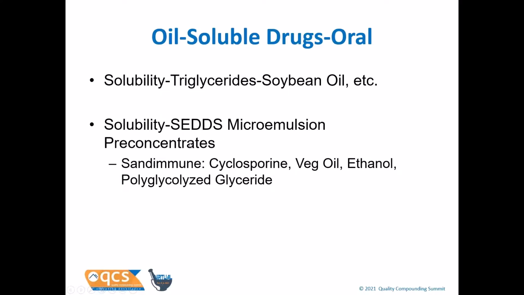They are pre-concentrates. Sandimmune is one, cyclosporin, and what they consist of is the drug, vegetable oil, ethanol, and maybe a polyglycolized glyceride.